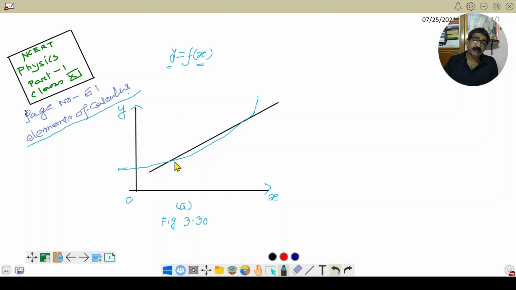Now, this point is P. The coordinate of the point P is x and y.